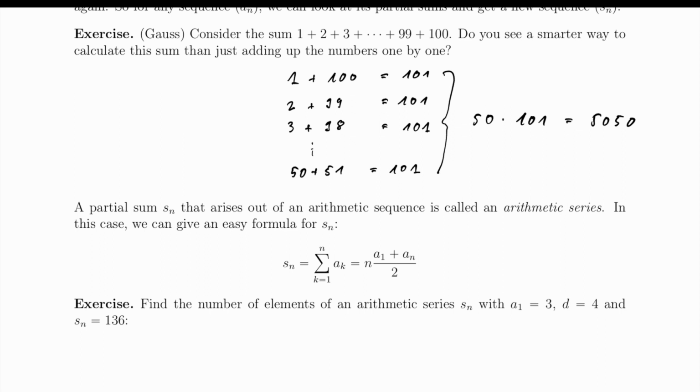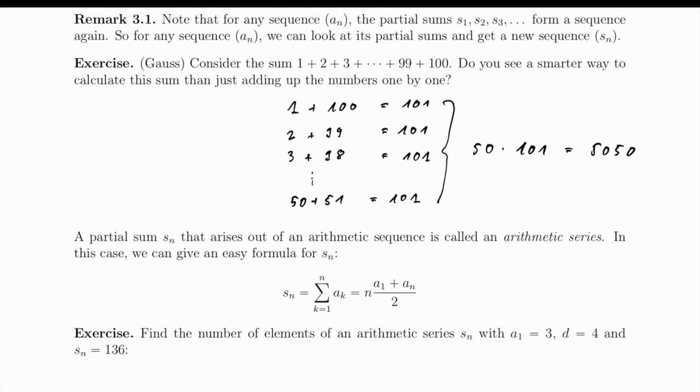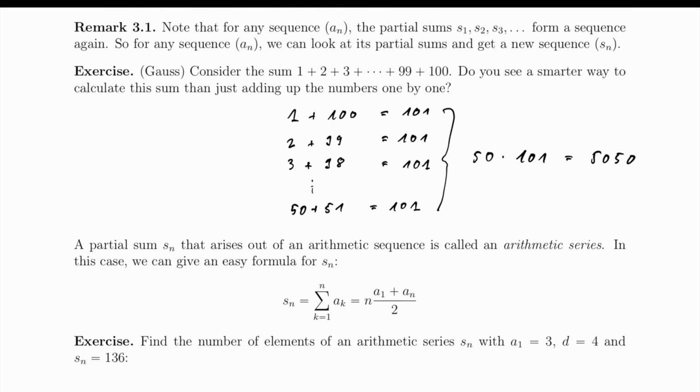All right, and here to make the link to the general formula, we made it a little bit more suggestive, in the sense of we had basically a sequence of 100 elements.